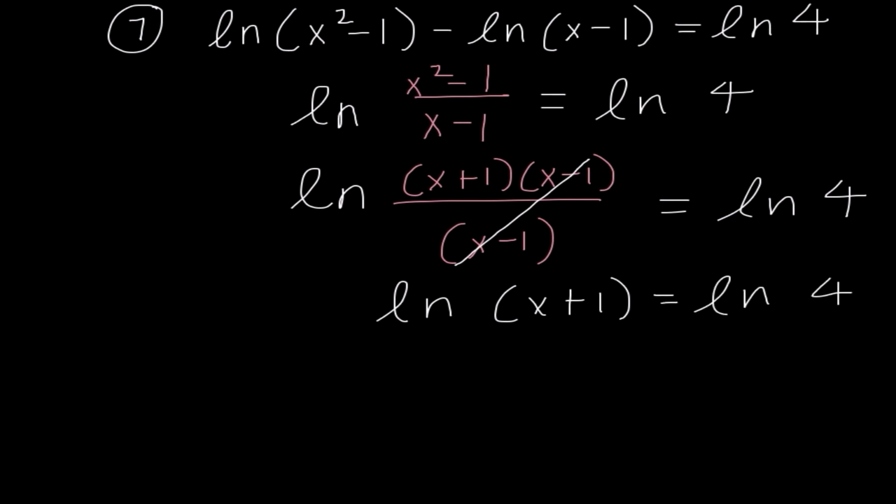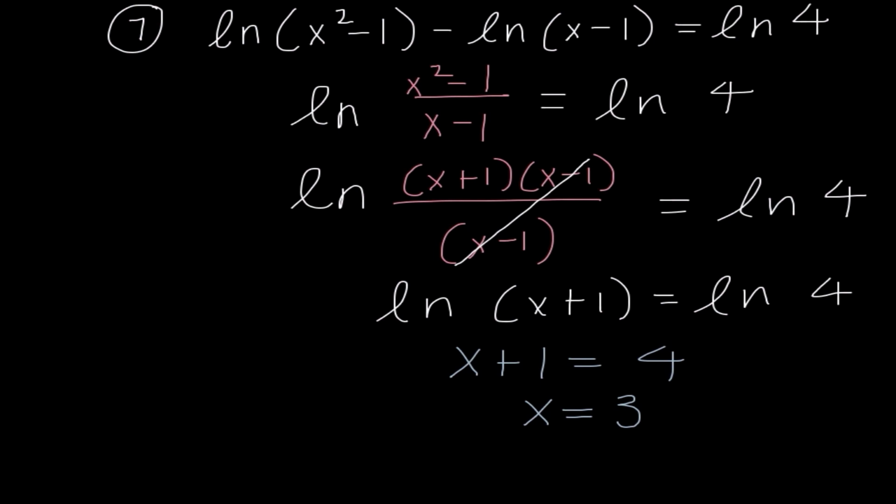Similar to what we've done, when our bases are the same, I can set the exponents equal. If my bases are the same here, I can set these two values equal to each other. So I can actually just skip a step here and write x plus 1 equals 4, so x is equal to 3. And in my calculator, I'm going to want to check this one out.